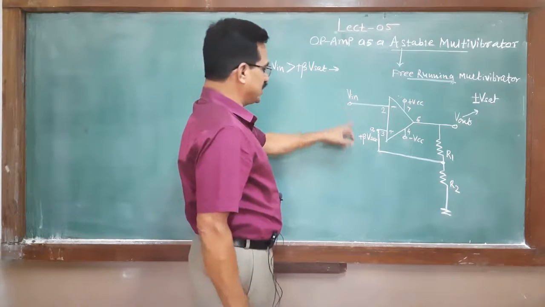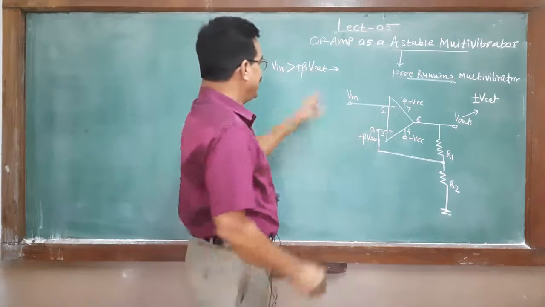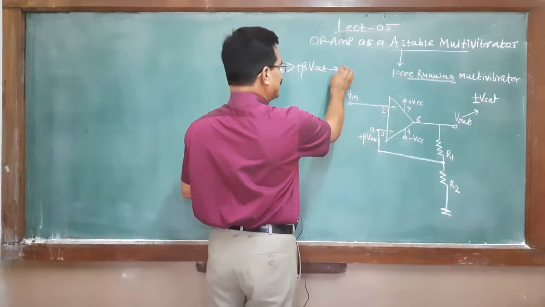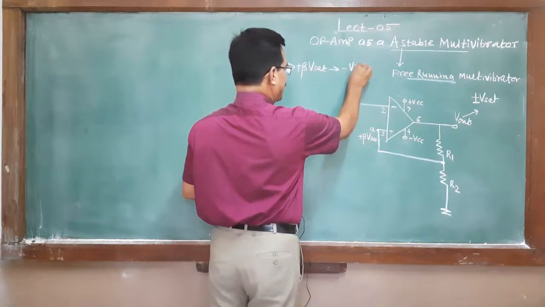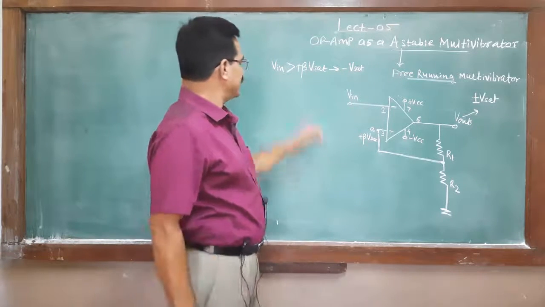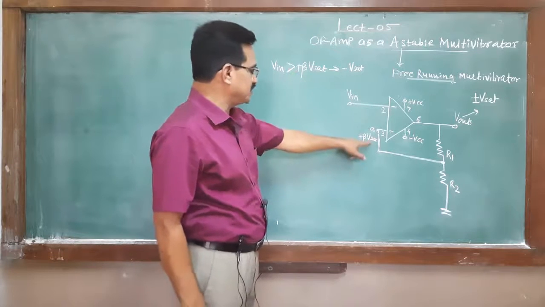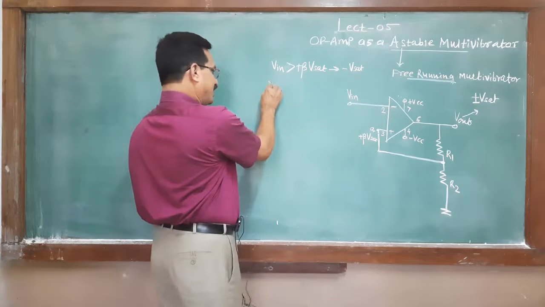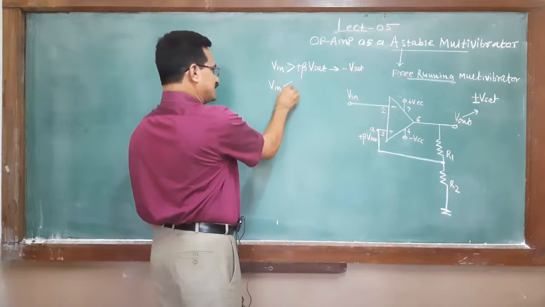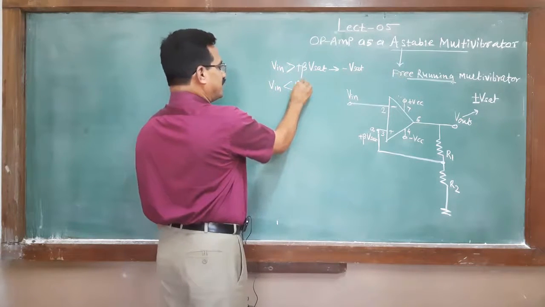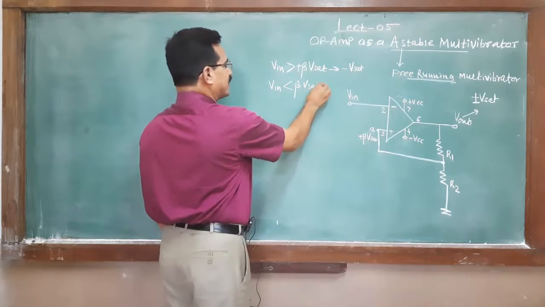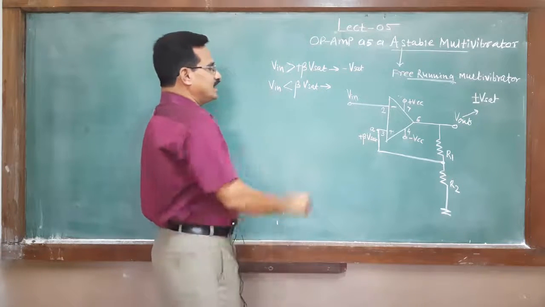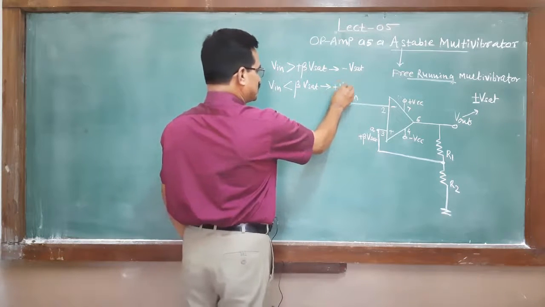at that time it goes into the negative saturation. But when this input is less than beta V saturation, at that time it goes into the positive saturation.